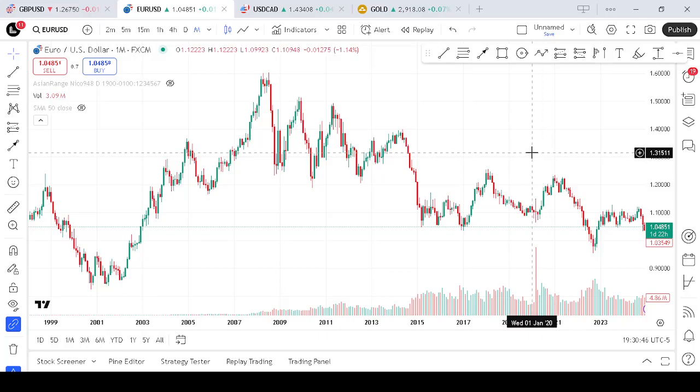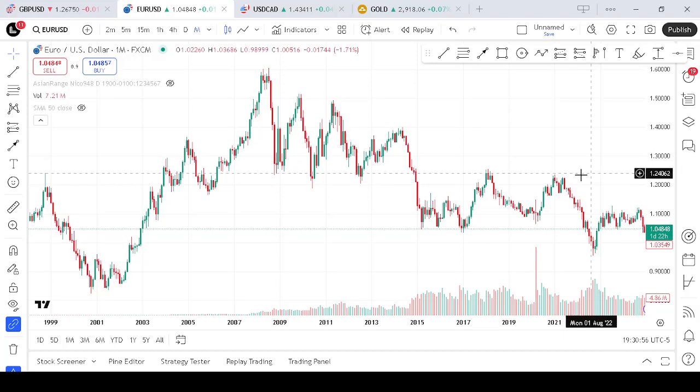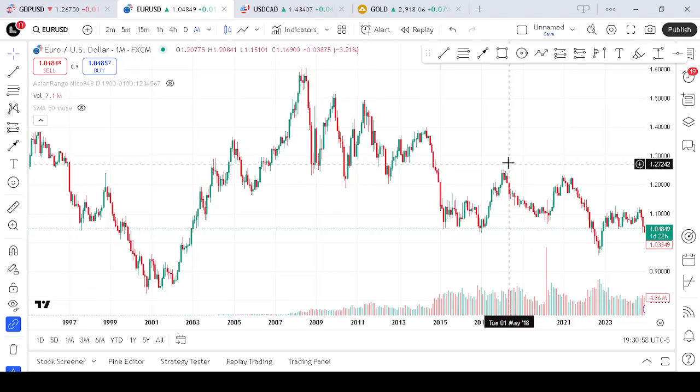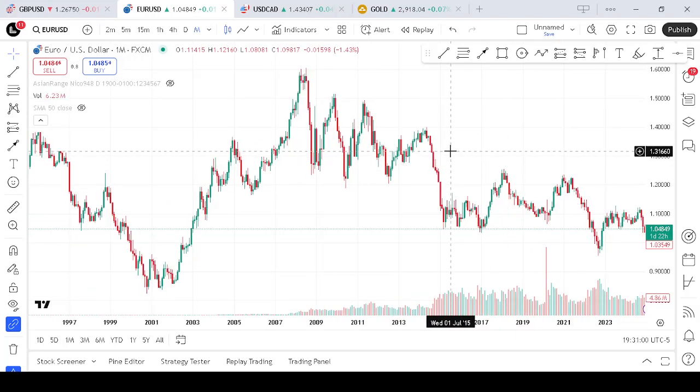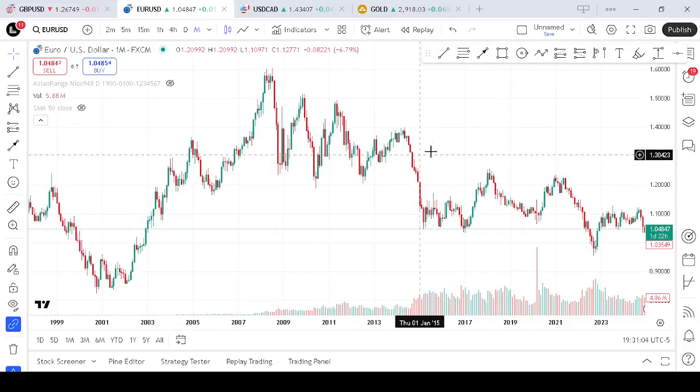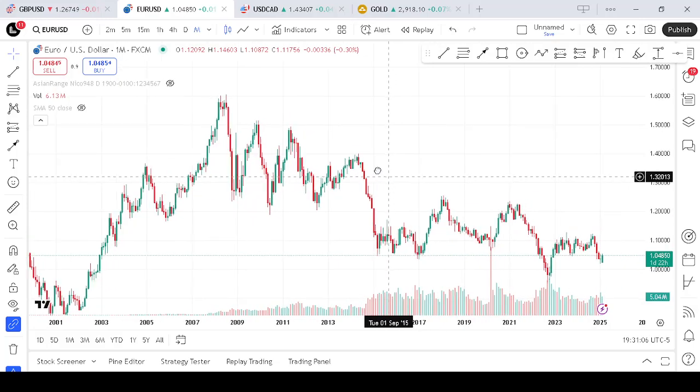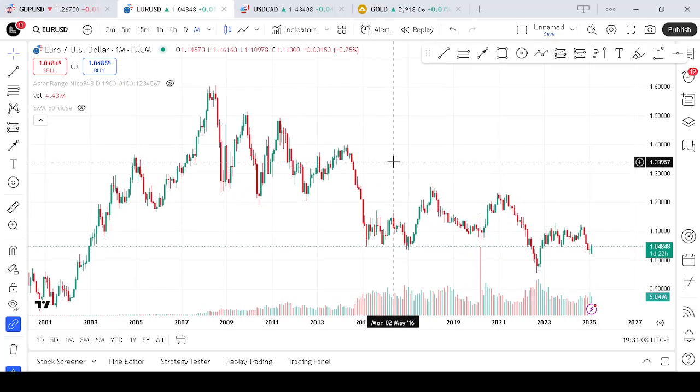Now, understanding the monthly forex strategy. This is a trading approach that focuses on analyzing currency pairs over a longer time frame, specifically 1 month. This method allows you to see the overall trend and make decisions based on more stable price movement rather than reacting to short-term fluctuation.